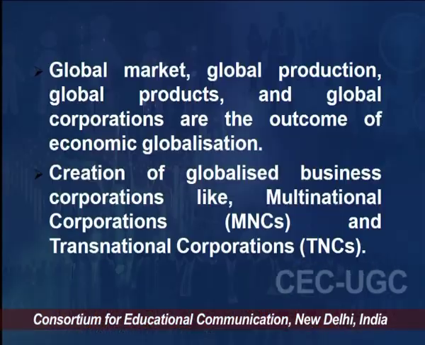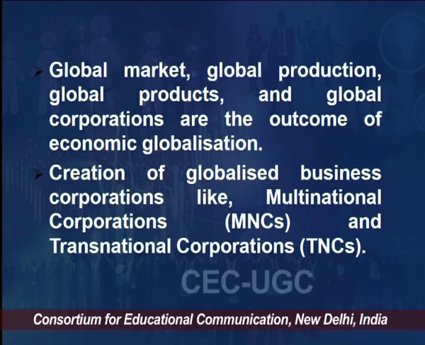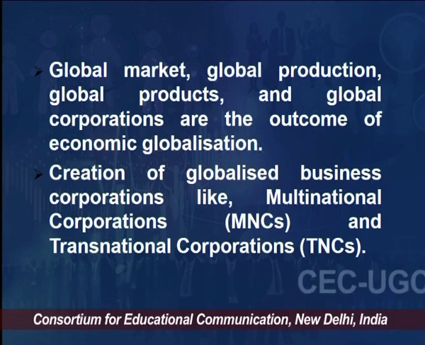Then global market, global production, global products and global corporations, these are the outcome of economic globalization. Creation of globalized business corporations like multinational corporations and transnational corporations are the outcome of economic globalization.